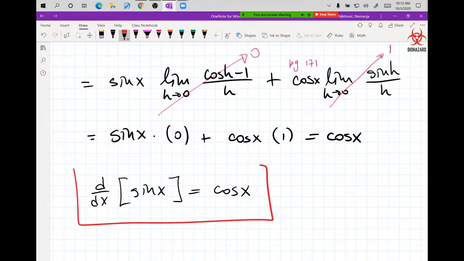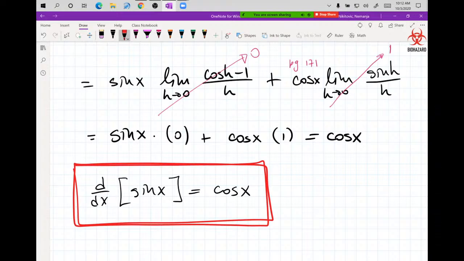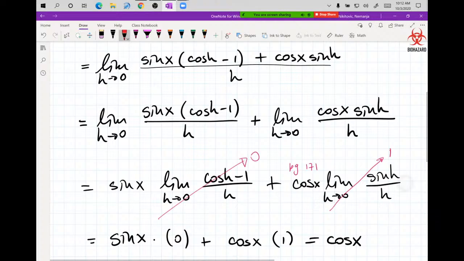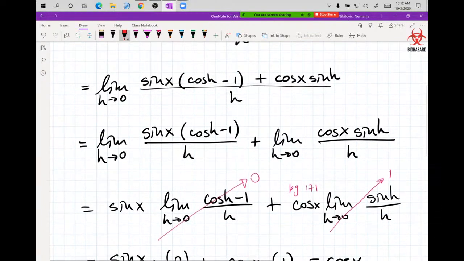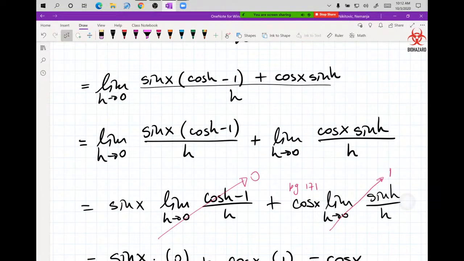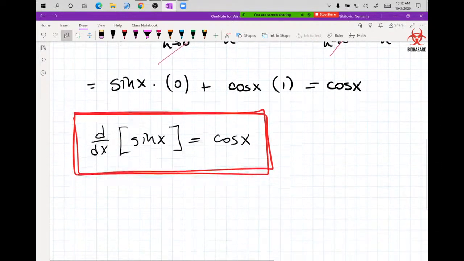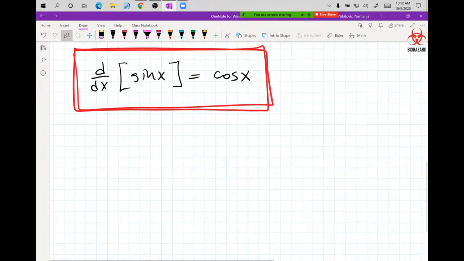This is the formula. Instead of working out this limit every time to find the derivative, it's easier, I hope, to memorize that the derivative of sine is cosine.